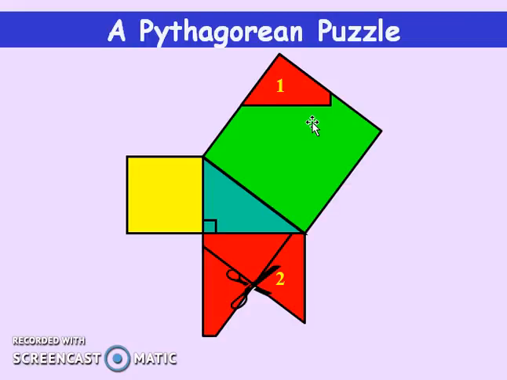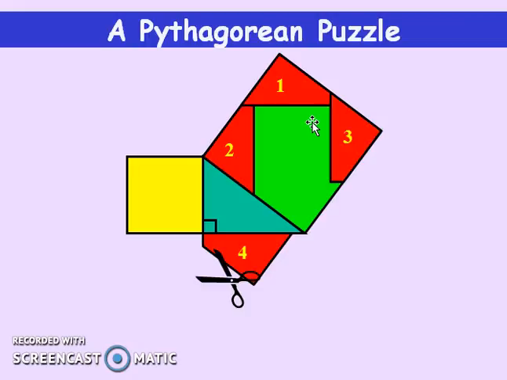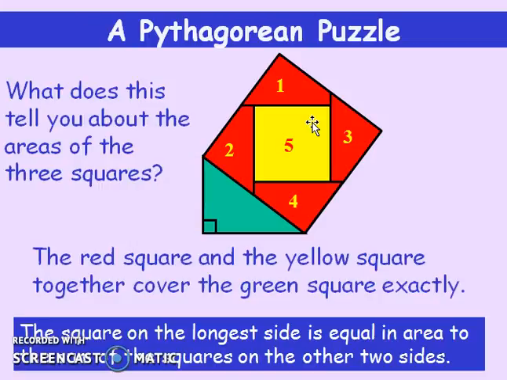And then you cut the second and put the piece on the C square, the green square, and then the third one, and then the fourth one, and then the last one. You take the last square, which is the yellow square, and put it in the middle of the pieces. Okay, what does this tell you about the area of the 3 squares?